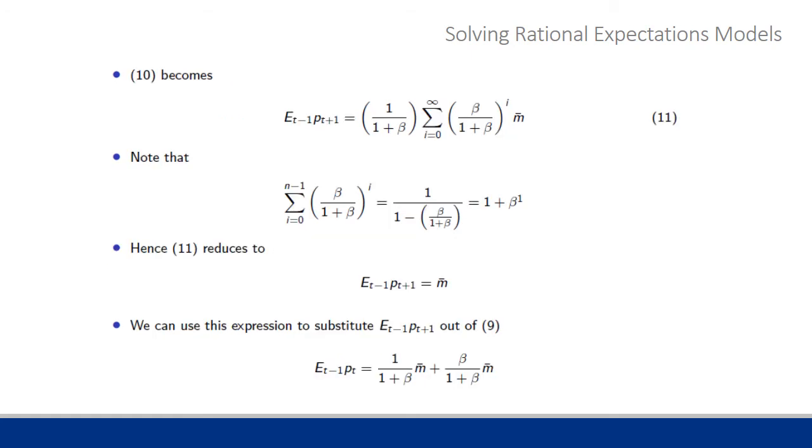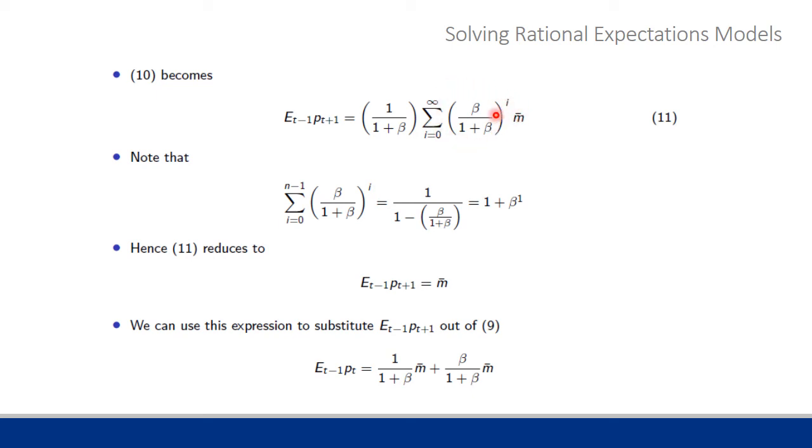Now our solution for E_t P_{t+1} is simpler, as we've lost the second term, which is the E_t P_{t+n} term. So our solution for E_t P_{t+1} becomes equal to 1 over 1 plus beta times the summation of beta over 1 plus beta to the i.